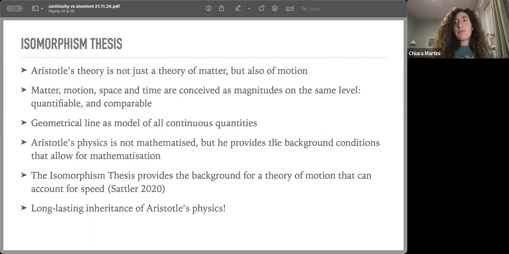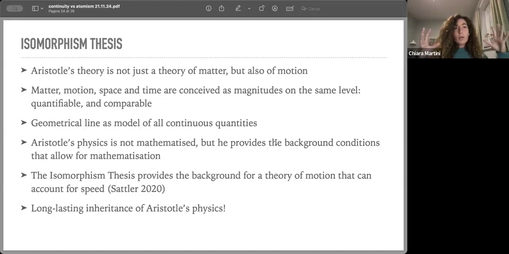And something else that I wanted to very briefly mention, and then I'll close, is that in so doing, Aristotle gives a theory of continuity that is extremely powerful, and that introduces a connection between physical properties and mathematical properties. So we have this idea of divisibility, the infinite, those are all mathematical properties that have to do with physical reality, that are used to explain physical reality. And then it's not just a theory of matter, but it is at the same time a theory of motion, space, and time.